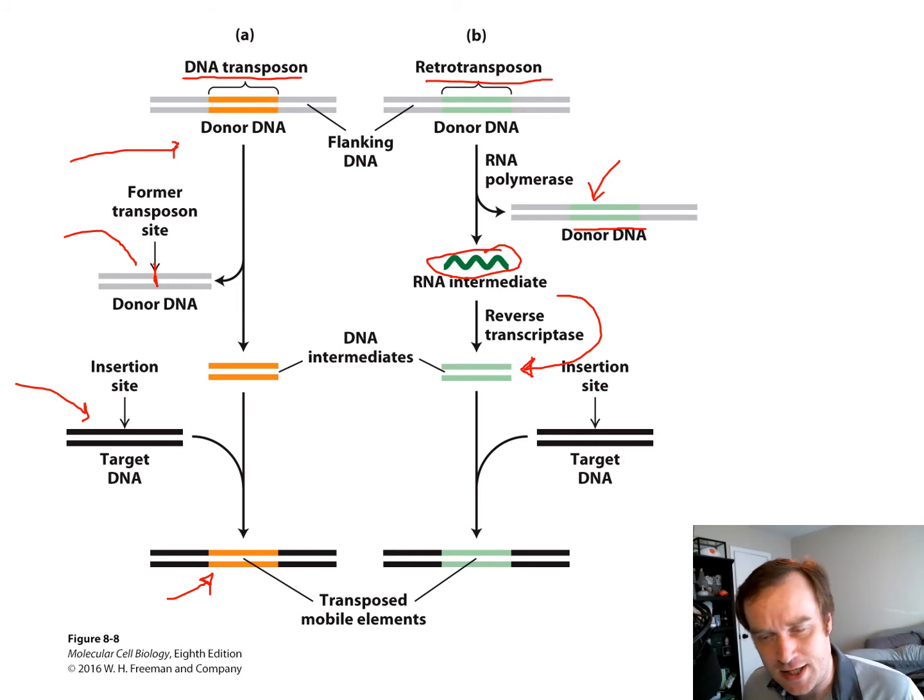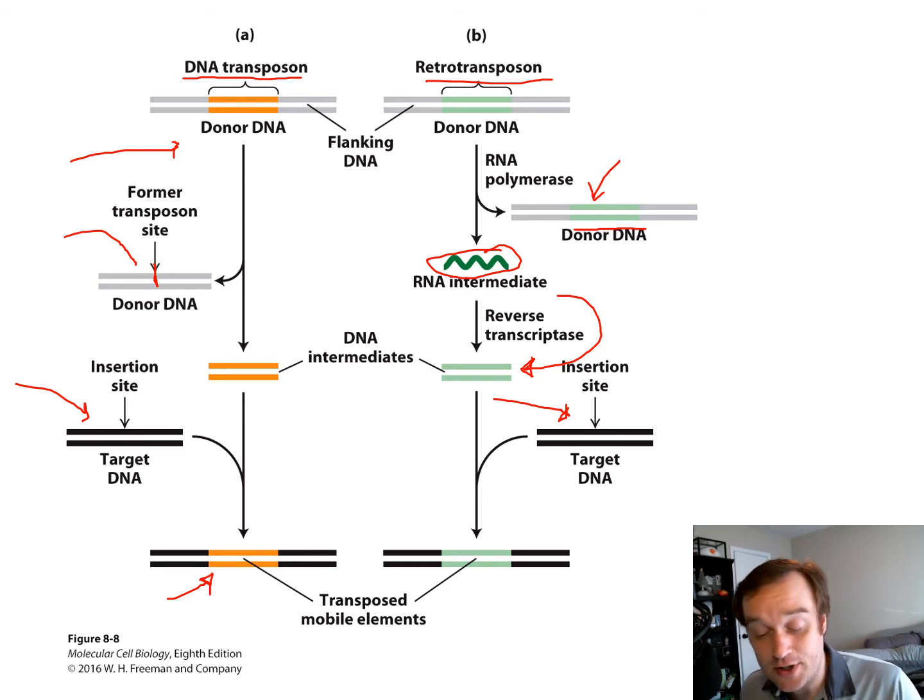This is that same enzyme that we use when we're creating cDNA libraries to turn RNA into double-stranded DNA. So it naturally occurs in the cell as well. That will turn those RNA intermediates back into double-stranded DNA, and then just like DNA transposons, it will insert itself randomly throughout the genome.